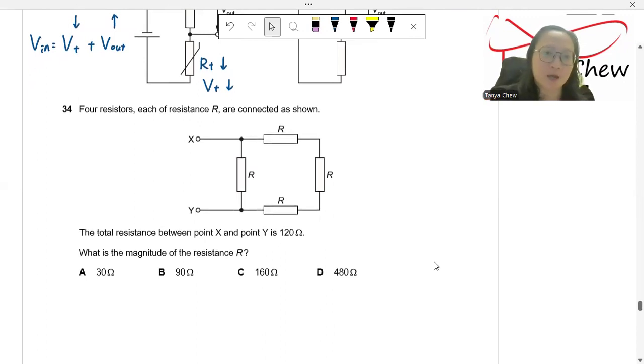Question number 34. 4 resistors, each of resistance R, are connected as shown. The total resistance between point X and point Y is 120 ohm. What is the magnitude of resistor R?